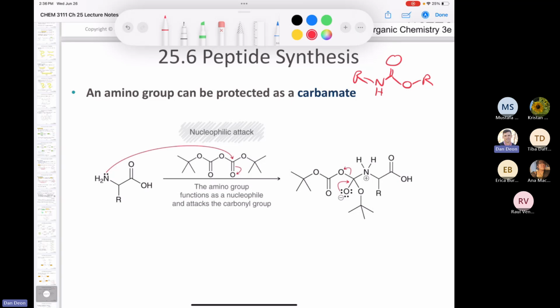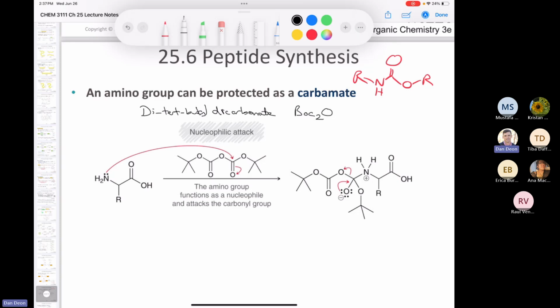So you can see the N terminus, or the amino group, whatever you want to call it, reacts with this molecule here. And this is called di-tert-butyl dicarbonate. So I'll put the name down here. We just call it BOC, for butoxycarbonyl. We just call it BOC anhydride sometimes, or sometimes we'll just say BOC2O.